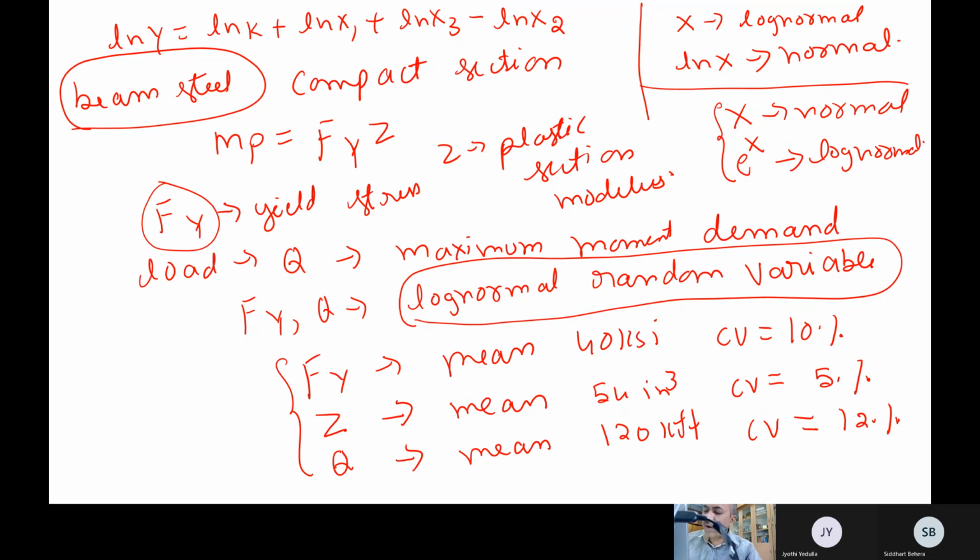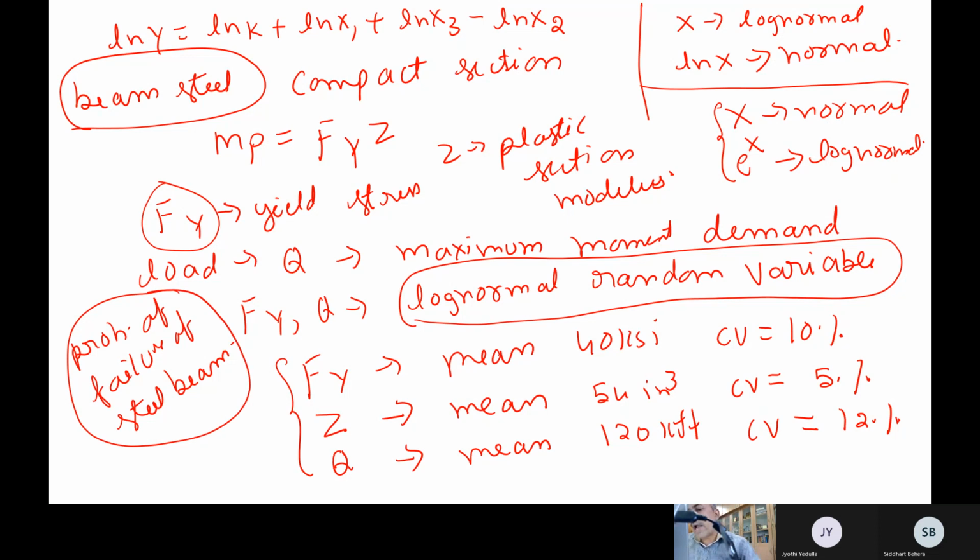So I want to find out the probability of failure of this steel beam. Now what will be the performance function here? I have my compact section, I know its resistance, I know the random variables, and I know the load, which comes through this Q, the moment demand.